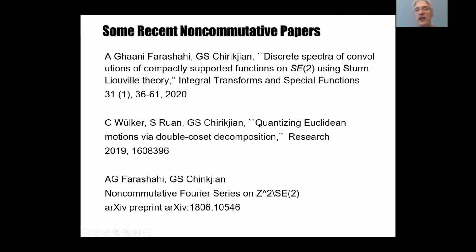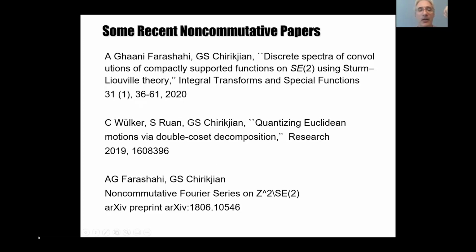The crystallographic space groups are subgroups of the Euclidean groups. Here, we were looking at double coset decompositions, quotienting on the left by crystallographic groups, and on the right by a finite subgroup of SO3 to divide the Euclidean motion group into chunks. We call them shards. They're little Voronoi cells, and we're using that in my robotics work.